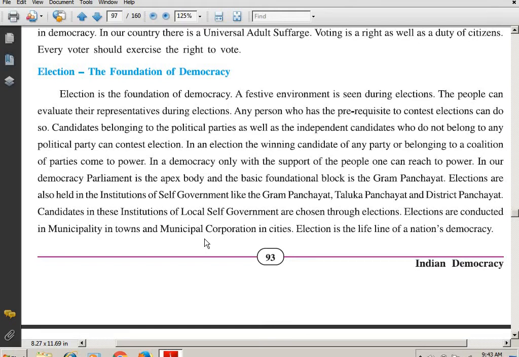The people can evaluate their representatives during elections. Any person who has the prerequisite to contest elections can do so.